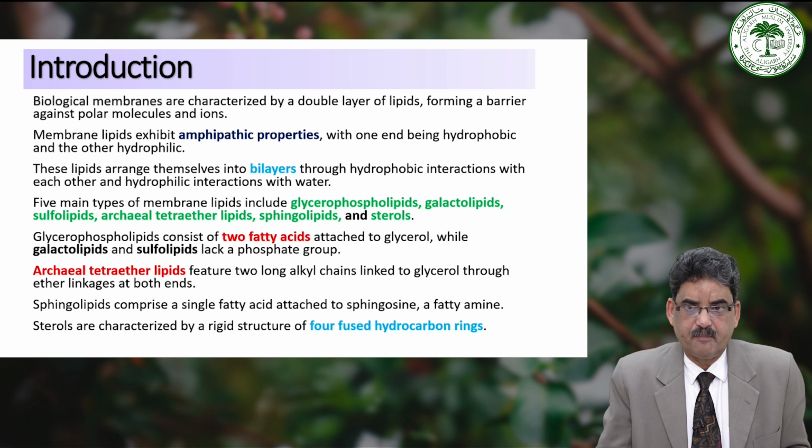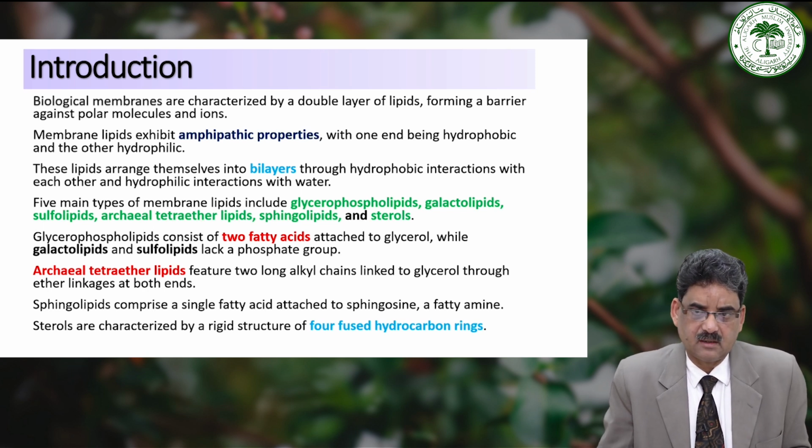There are five main types of membrane lipids, such as the glycerophospholipids, comprising two fatty acids attached to glycerol, then galactolipids and sulfolipids, which also have two fatty acids linked to glycerol but lack the phosphate group found in phospholipids.